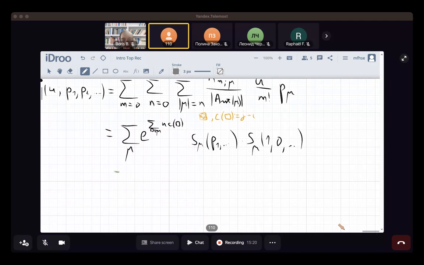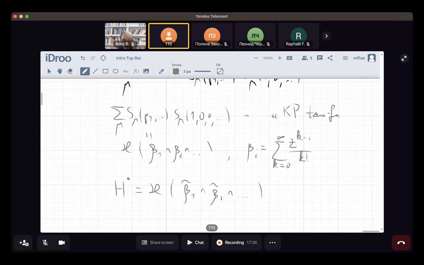And now we want to see that our Hurwitz numbers generating function can also be represented as kappa of some beta tilde 1 wedge beta tilde 2 wedge, and so on. And we want to produce such beta tilde that this works.